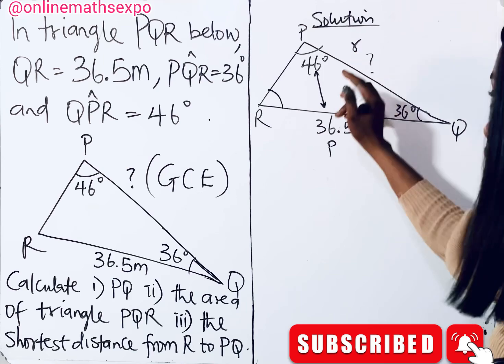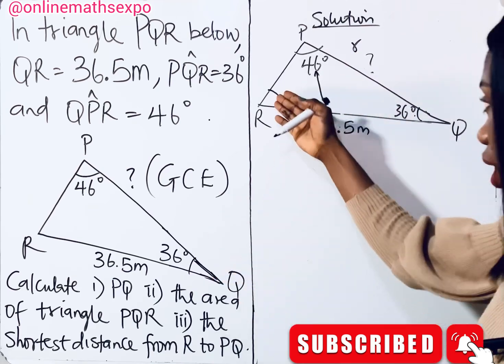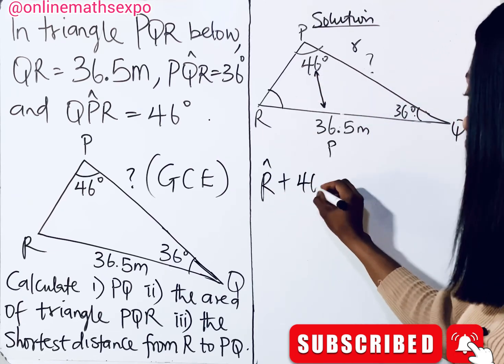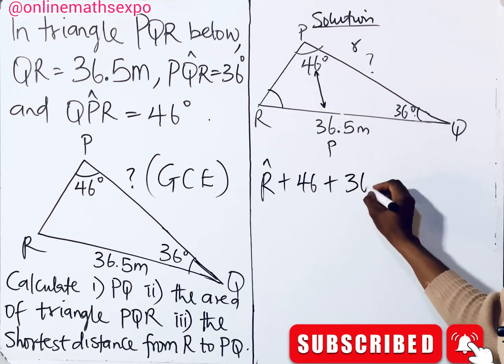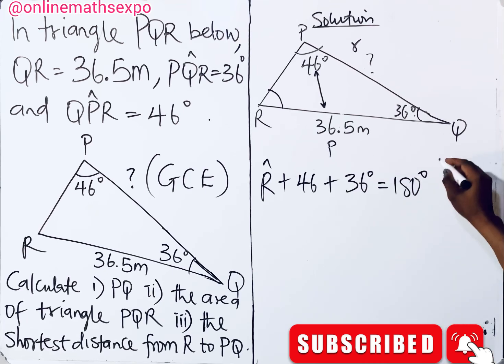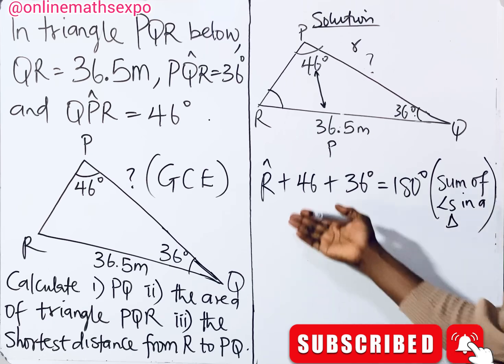So to answer this, remember the total angles in a triangle is 180. So we have it that R plus this angle 46 plus this is equal to 180 degrees. You see that your reason is that sum of angles in a triangle. I hope you're with me there. Now let's add this up.